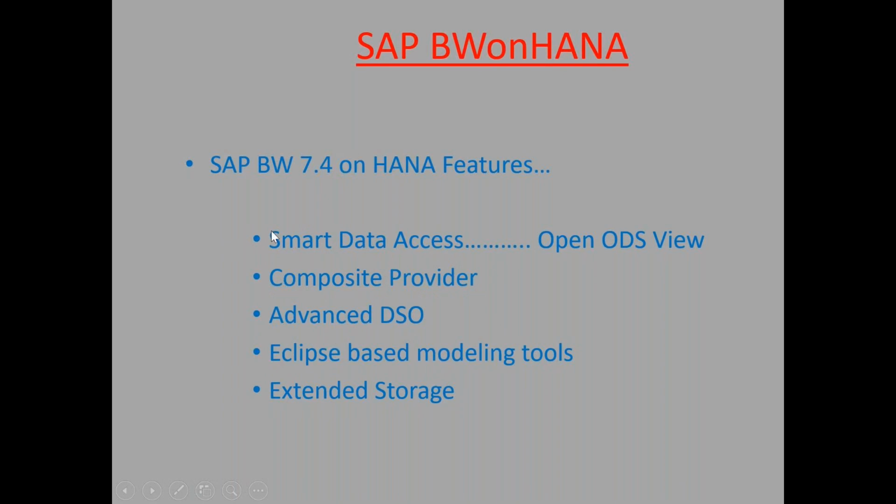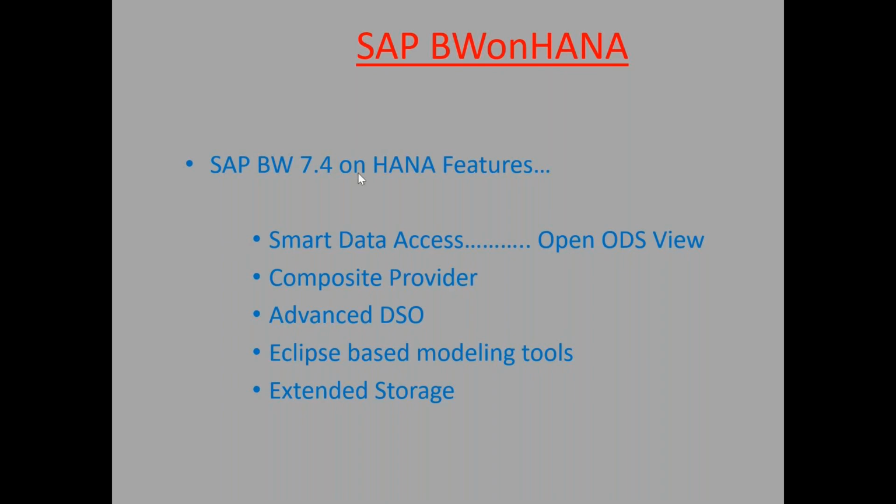Smart data access is for Open ODS. This is where the data is in HANA underlying tables or views, and it can be seen directly in the BW system. From HANA underlying tables, we can directly see the data in BW without loading.